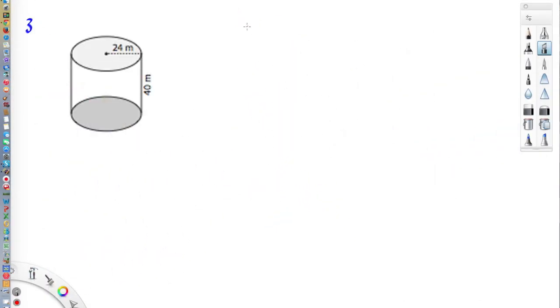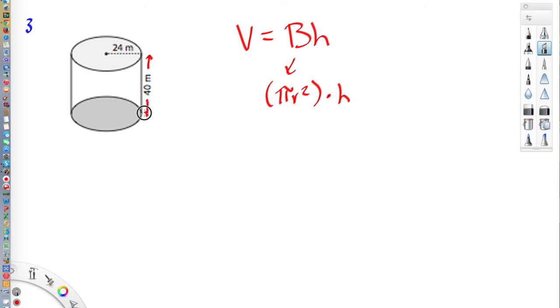Now we have a cylinder, which I like to call a round or circular prism. Again, volume is equal to big B times H. Big B represents the base shape area. My base shape is a circle, so I take pi r squared and multiply that by the height of my cylinder.